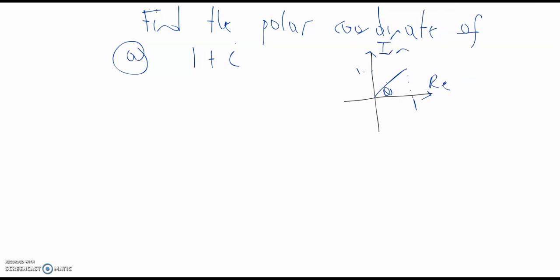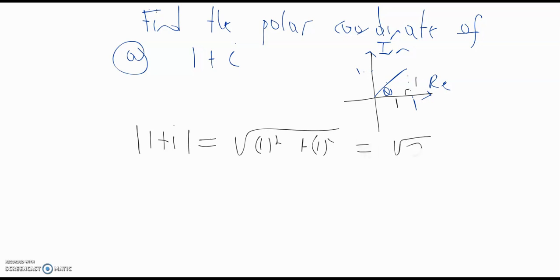Now, let's start out with the modulus, and don't forget that this is a right angle triangle, and this is why this is applicable. We can say that the modulus of 1 plus i would be the square root, and of course it's 1 in the real direction, so 1 here, and 1 in the imaginary direction. So I'm going to have 1 squared plus 1 squared, which is really equal to root 2. So we agree that the modulus is equal to root 2.